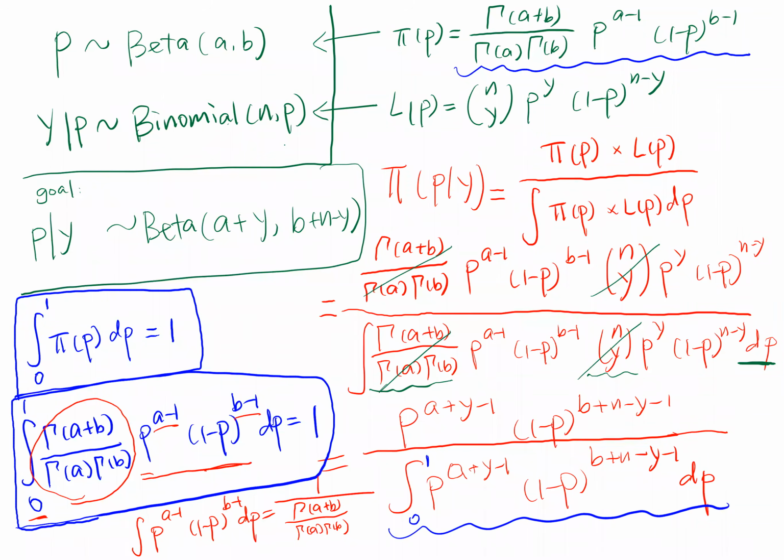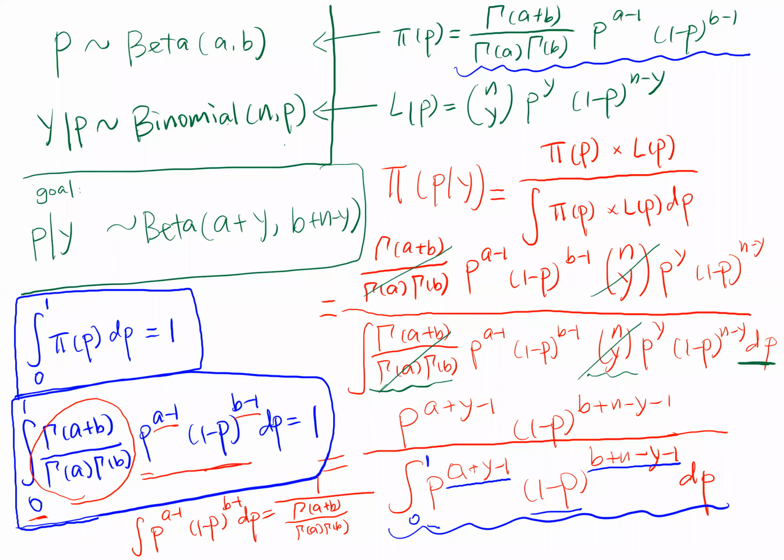So the bottom is a different beta. On the left, what I just did for the demo is a generic beta(a, b), but now we're not integrating over p raised to a minus 1 and 1 minus p raised to b minus 1. We're integrating over p to the power of a plus y minus 1, and 1 minus p to the other power of b plus m minus y minus 1.